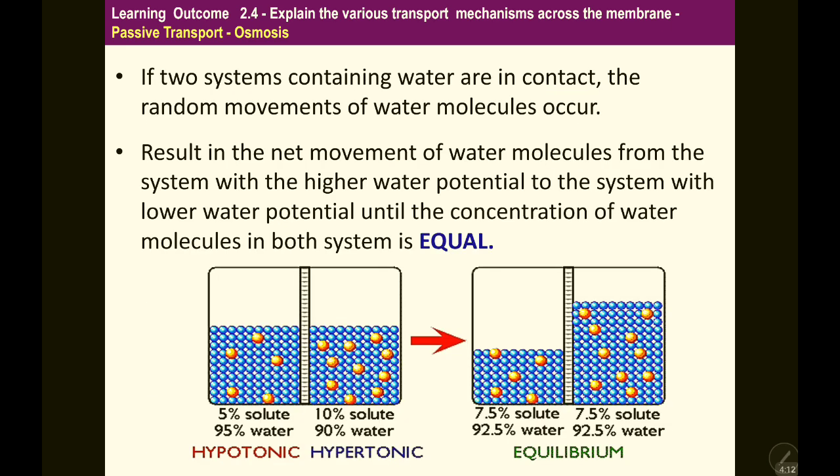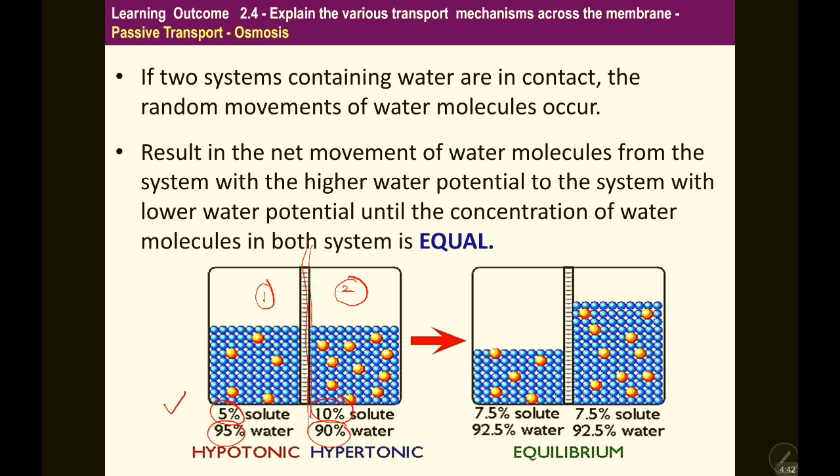So if two systems come into contact through a semi-permeable membrane, the left side has 5% solute and 95% water, and the right side has 10% solute and 90% water. Comparing these two systems, which side has more water molecules? Of course, it is this side, region 1, so its water potential is higher.